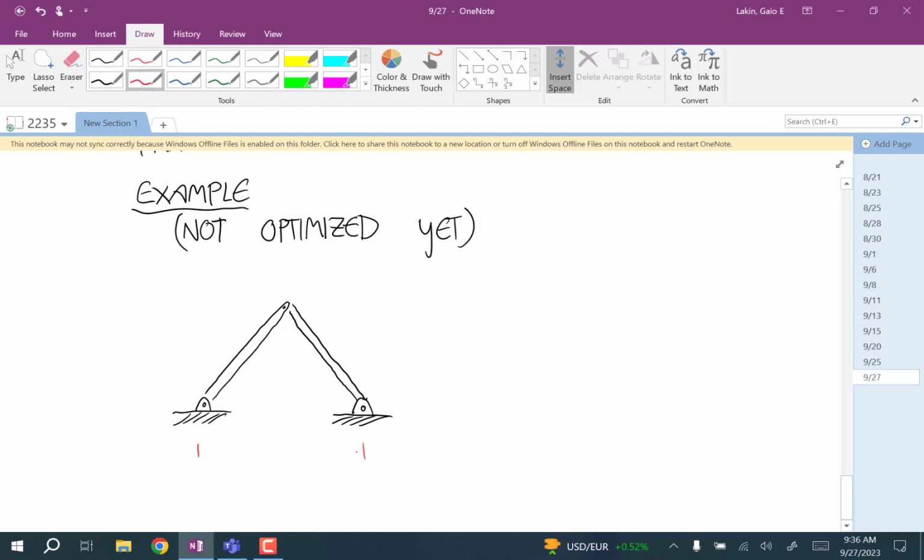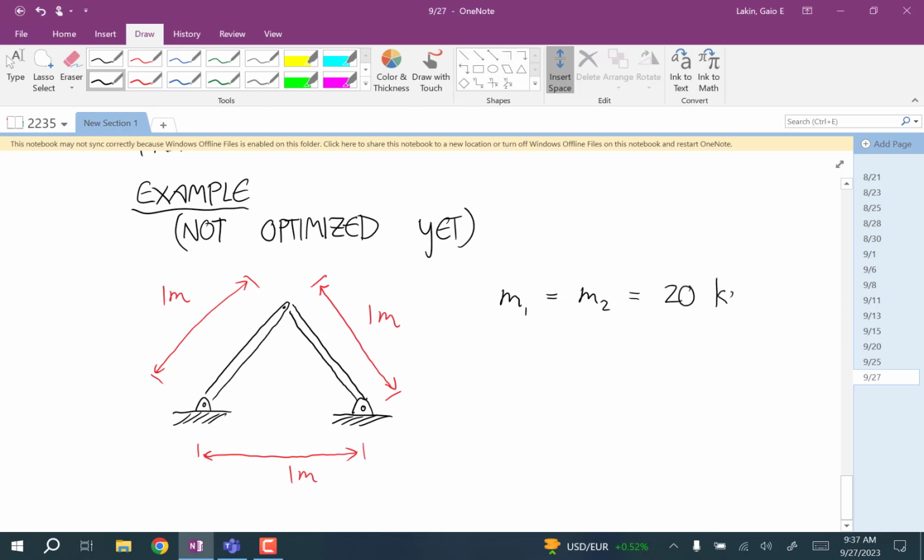We'll say all these lengths are 1 meter. And let's say that the mass of each of these two members, so M1 is equal to M2, and let's say that they're equal to 20 kilograms each.